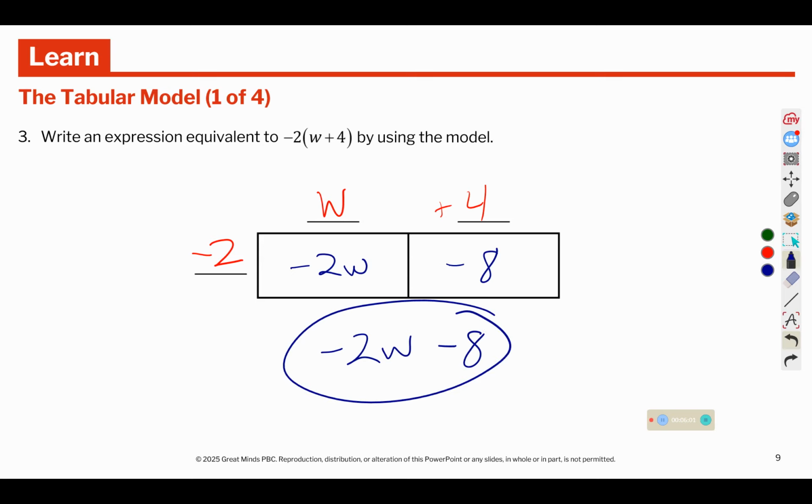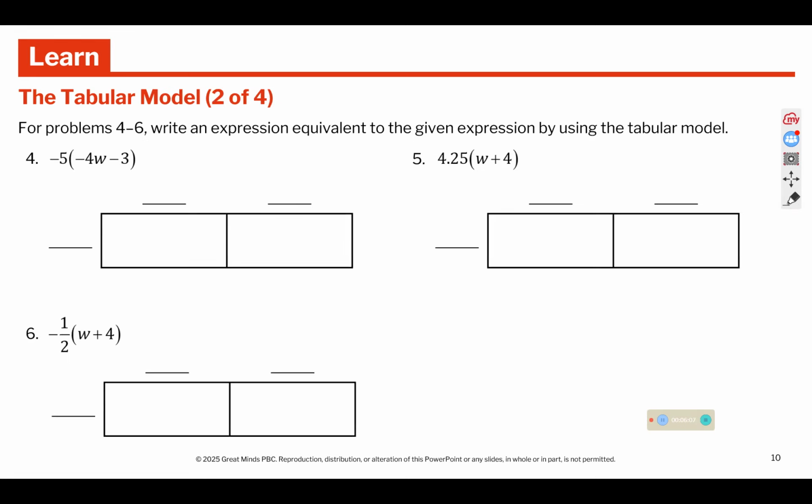So we can write the expression like so. Give 4 through 6 a try on your own. You can pause the video here to give yourself some extra time, then resume to check your work.